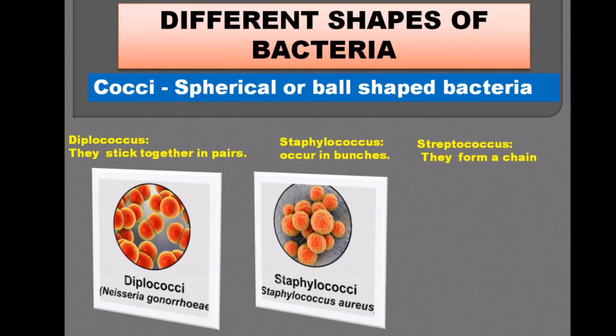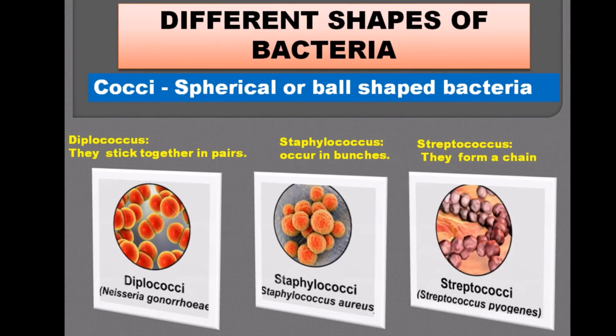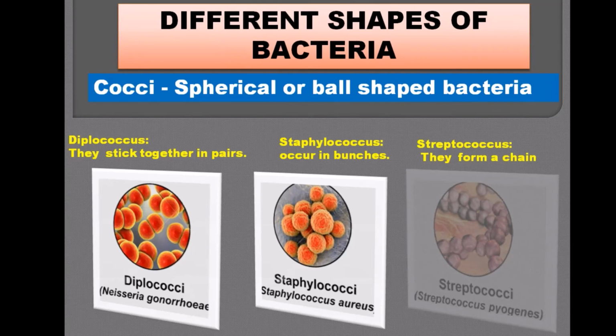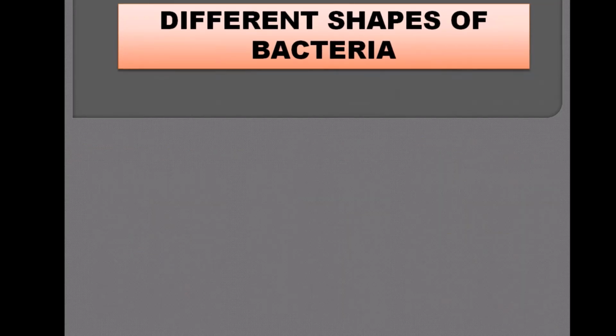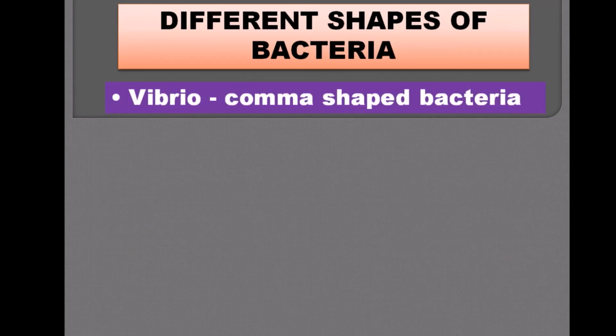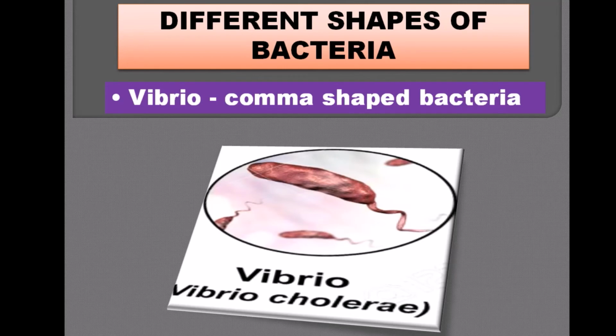Streptococci form a chain, for example Streptococcus pyogenes. A comma-shaped bacterium is called a vibrio. Example, Vibrio cholerae.